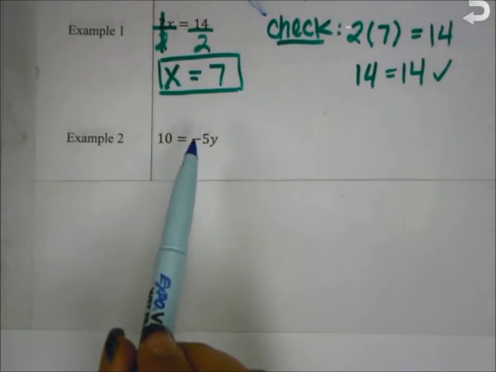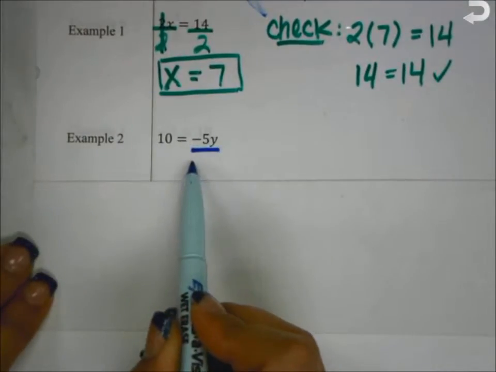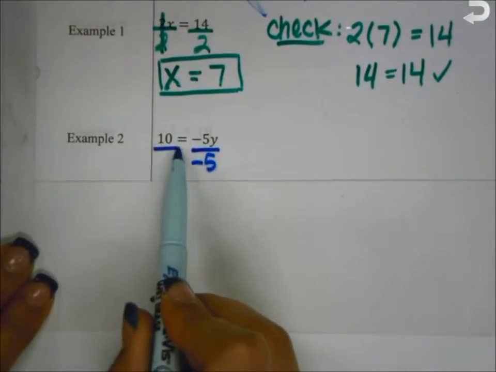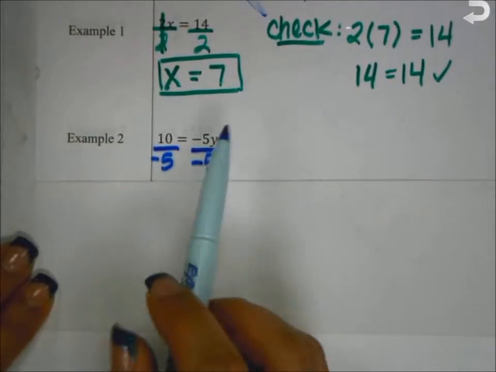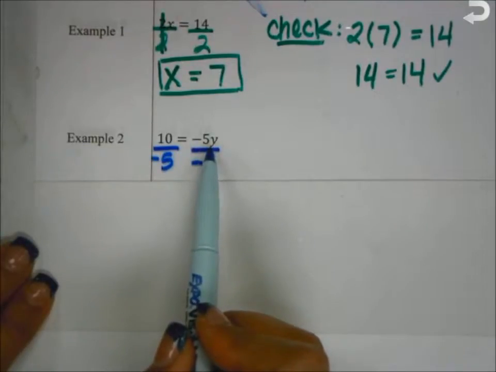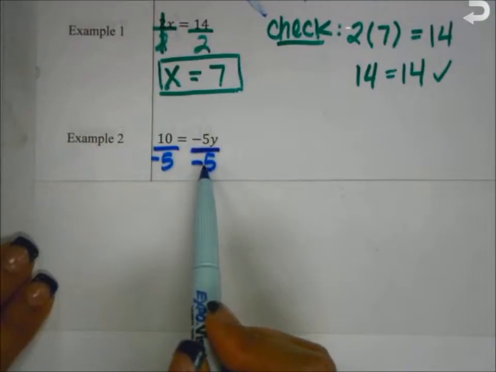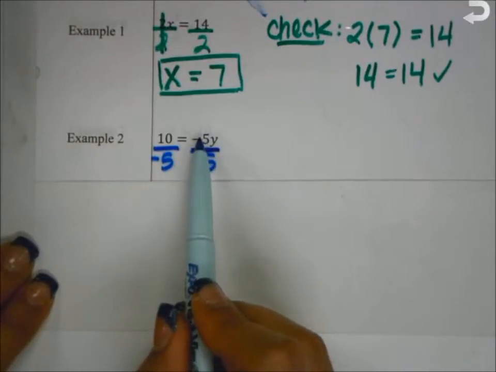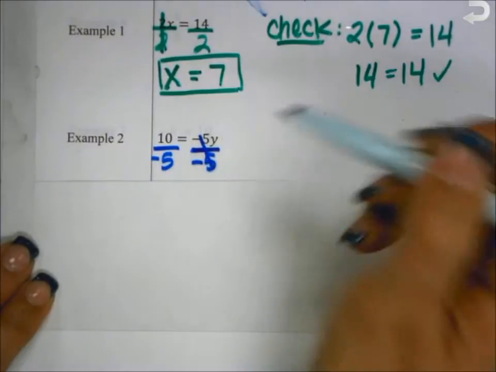So to get rid of it, I'm going to divide both sides by negative 5. I am not going to add negative 5 because this is the same as negative 5 times y. So to get rid of that negative 5, I need to divide. Because what's negative 5 divided by negative 5? 1. So what are we left with on that right-hand side? Just a y.